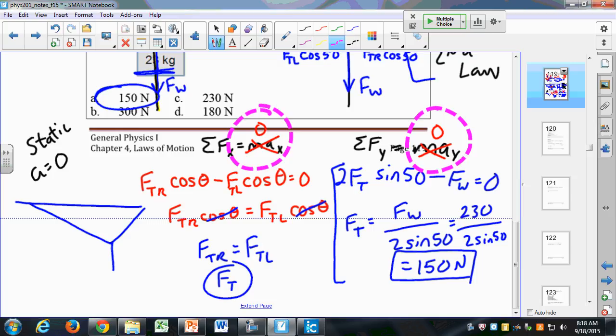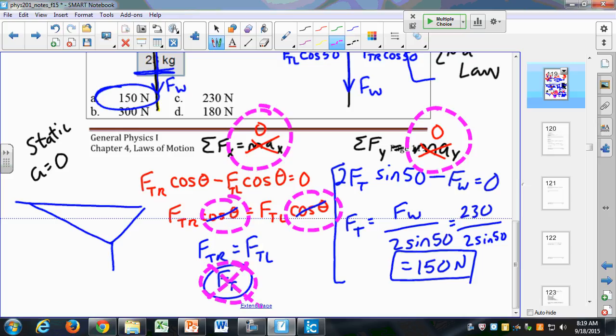It was also made a lot easier because these cosine theta terms went away. If those didn't go away, then FTL and FTR would be different variables, and we would not be able to say that they were just FT. We would have FTL and FTR, 2 separate variables with 2 separate equations, and we'd have to solve a system of equations.